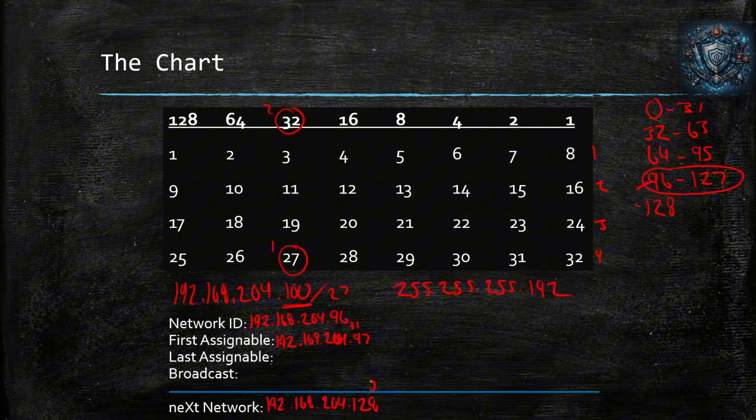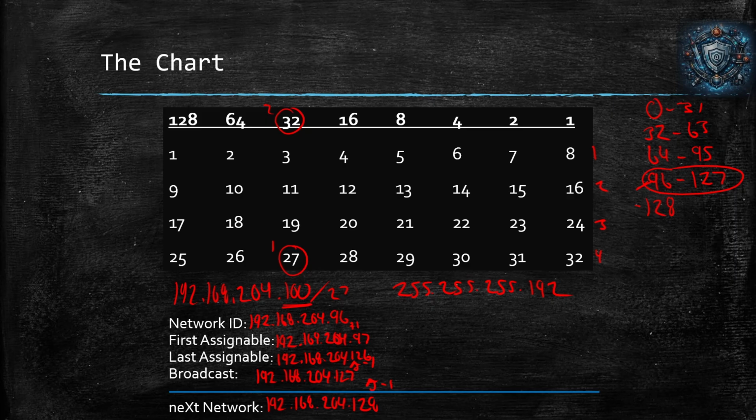To get our broadcast, all we're going to do is subtract 1 from the next network, which is 192.168.204.127. And finally, our last assignable, we subtract 1 yet again, and we get 192.168.204.126. Bang! And you just subnetted using the chart for the first time, maybe.